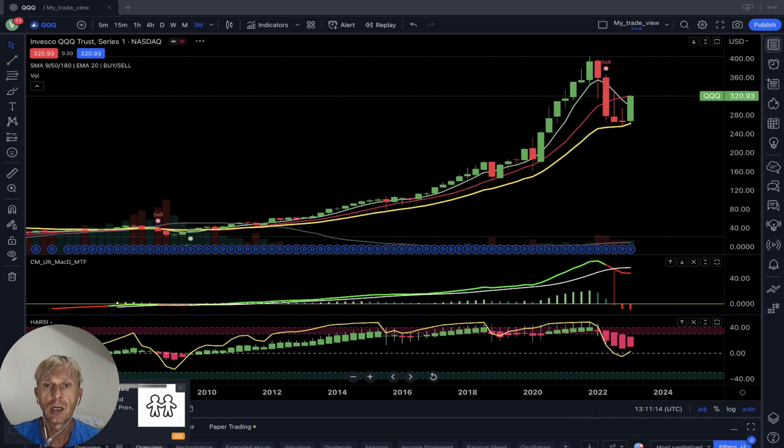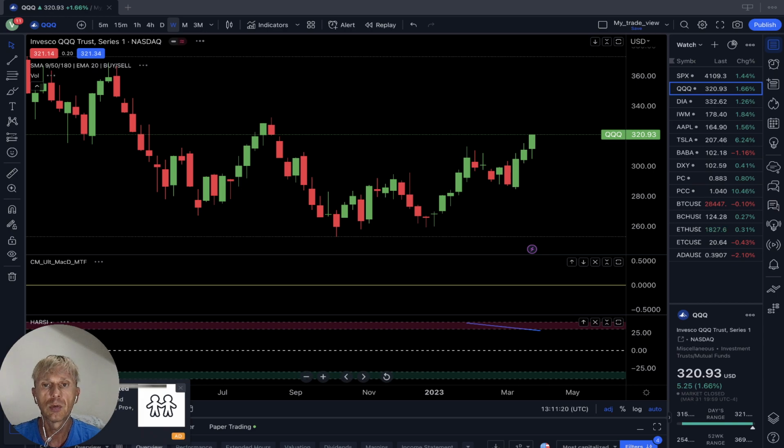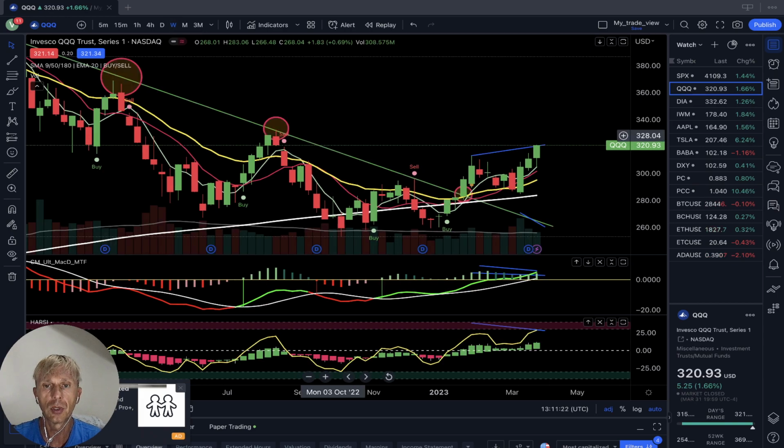Let's start with weekly for QQQ. Weekly for QQQ, bullish trend. Three weeks in a row it's bullish. Very nice, very aggressive, very large bars. MACD bullish, RSI touched overbought territory.